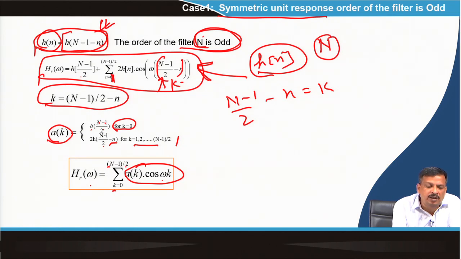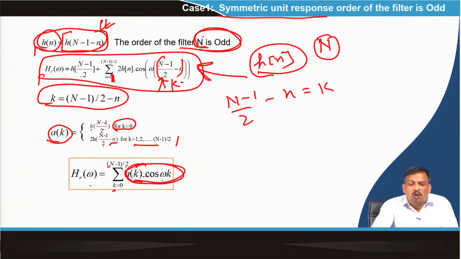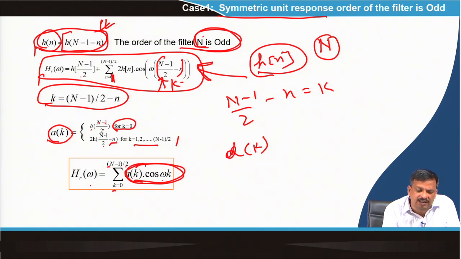So, instead of summation over n, I write summation over k, k equal to 0 to (n minus 1)/2 of a_k cos(omega k). Here a_k is the filter coefficient.